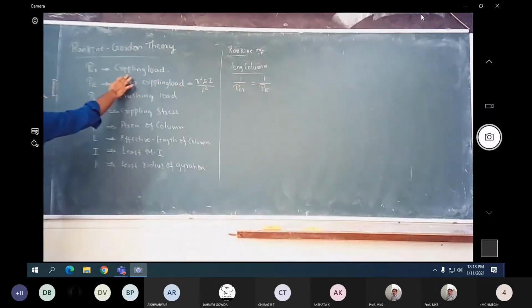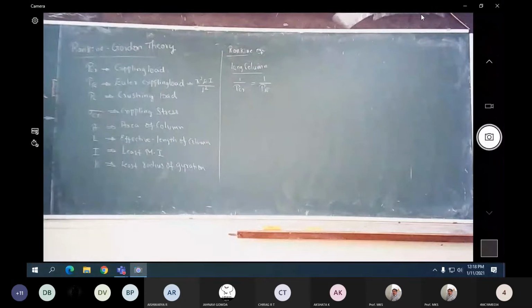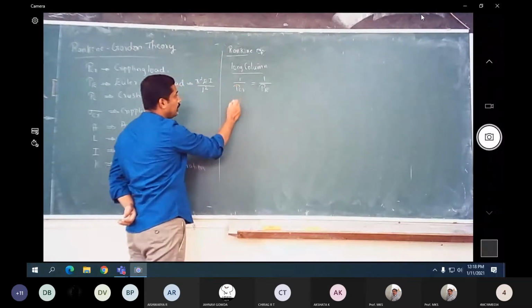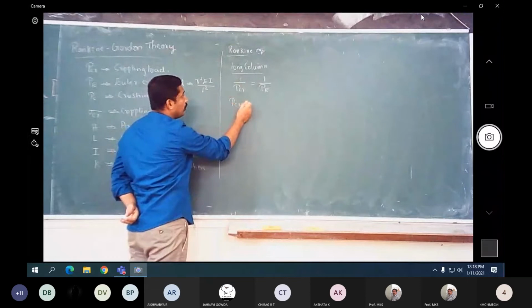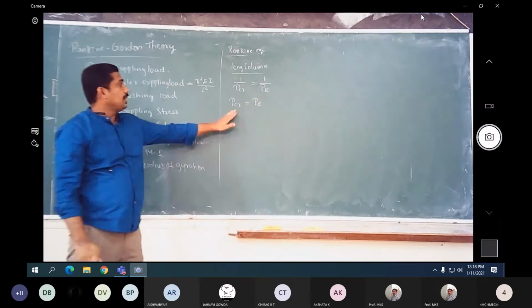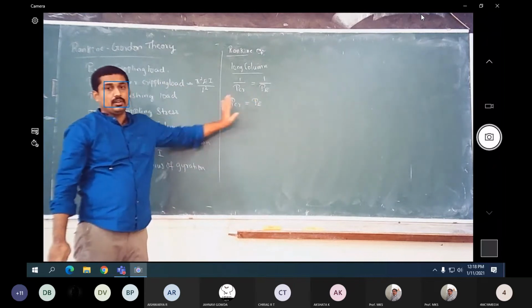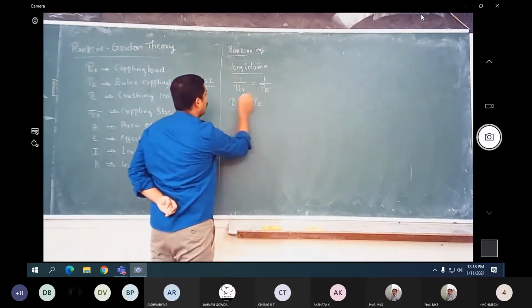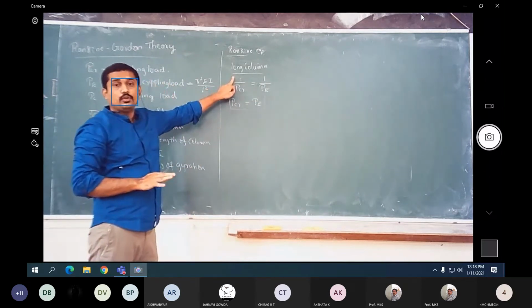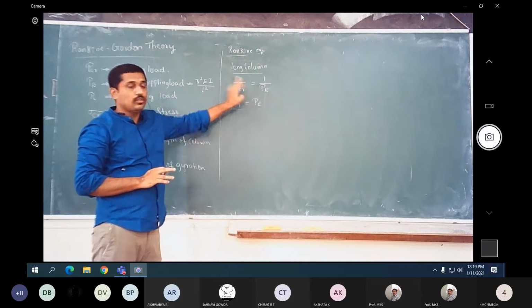So I need to derive the expression for crippling load with respect to all the three conditions of the column. If I reverse this, the crippling load for a long column will be equal to PE. So PCR will be nothing but PE, the Euler crippling load. So this is for the longer column, since the longer column will fail due to buckling load. So only buckling load is considered.